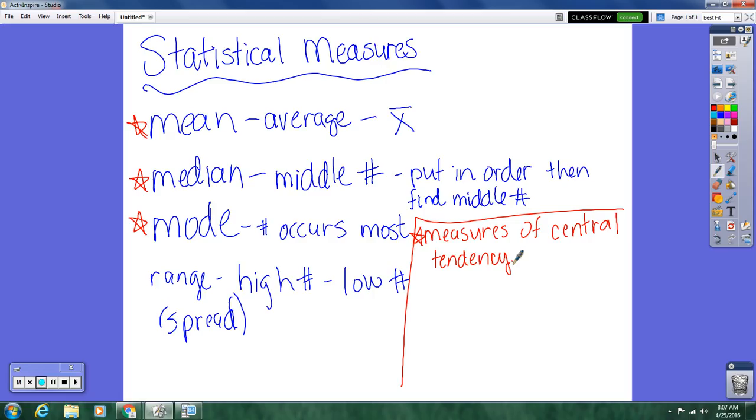Meaning these are measures that help to compare data.